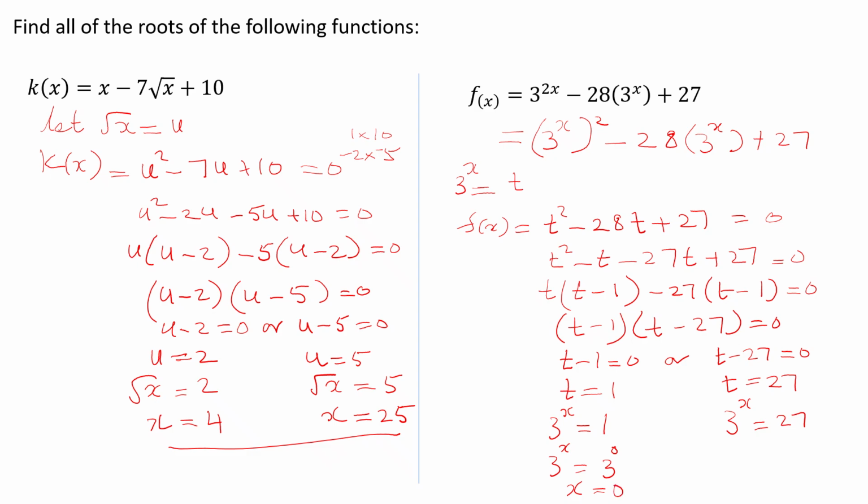Any base to the power 0 is 1. So this 1, I can put 3 to the power 0. So this one, same, I'm going to change this number into the same base. So 3 to the power x equals 27. I can put 3 cubed. 3 squared is 9, 9 times 3 is 27. So this is 3 cubed. So same base, power is equal. So x equals 3. So this is the answer.